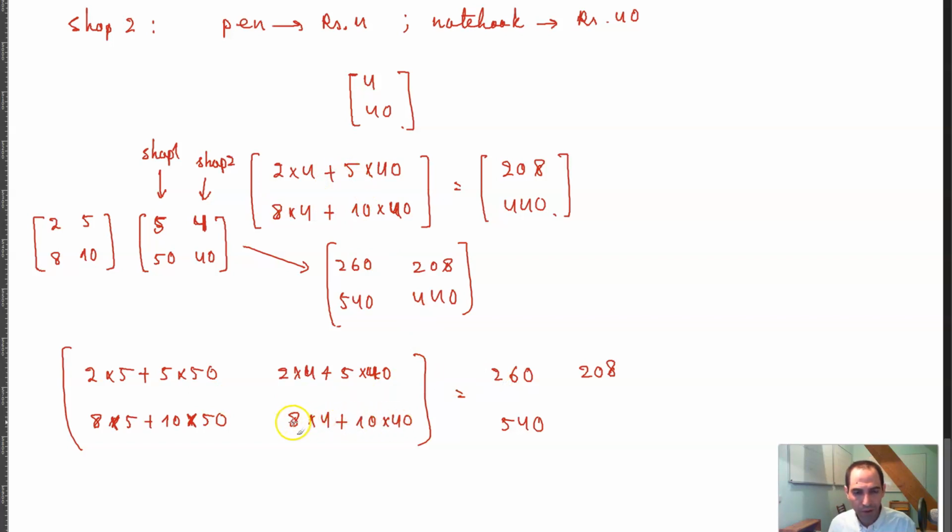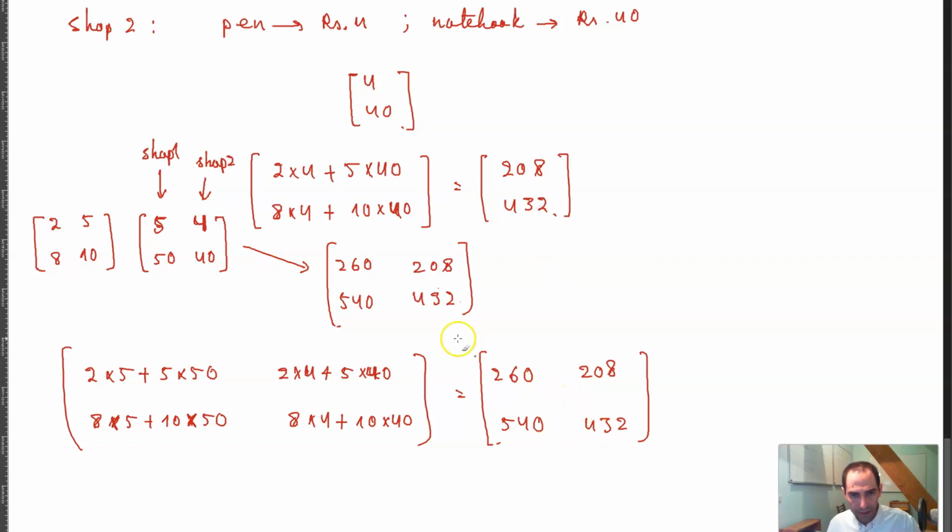This is 400, and that's 432. That's supposed to be 432, so here this is 432 actually. 400 plus 32 is 432. I apologize. It is 432, right?